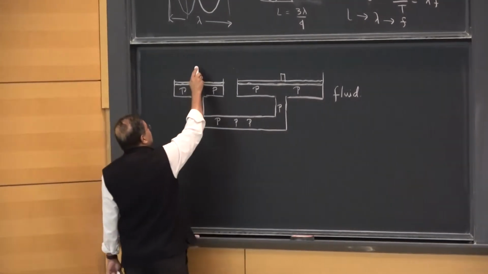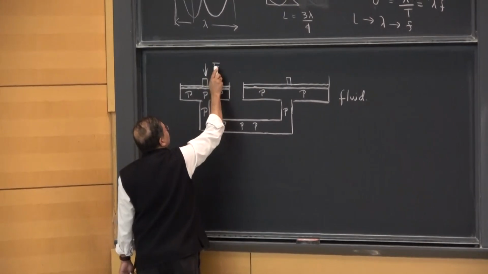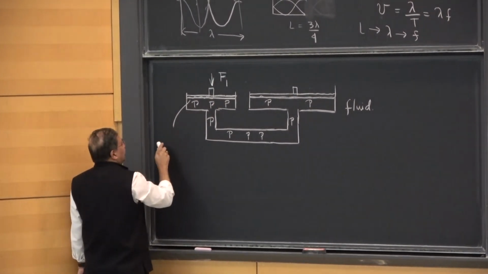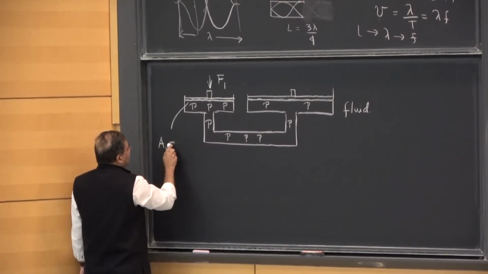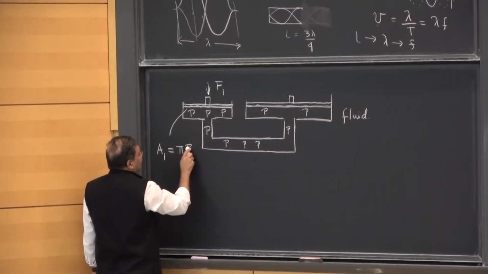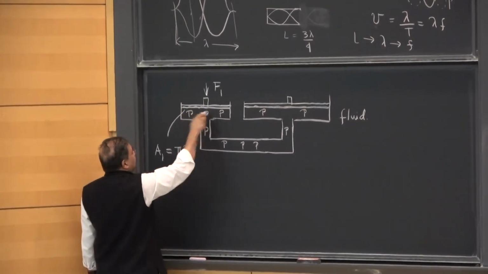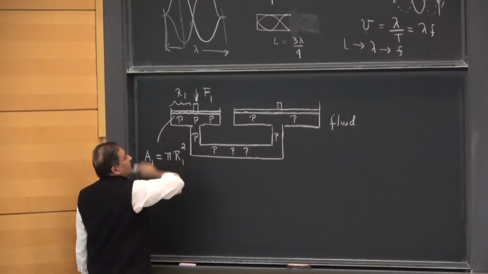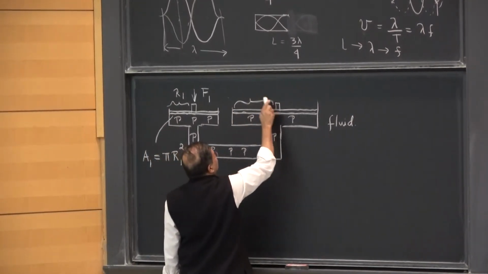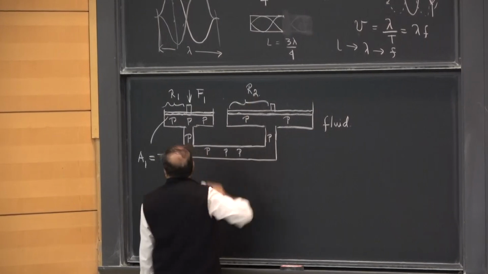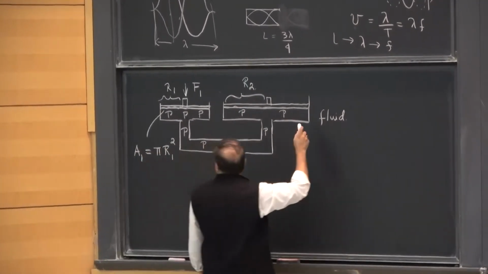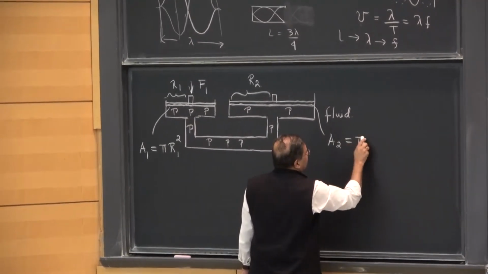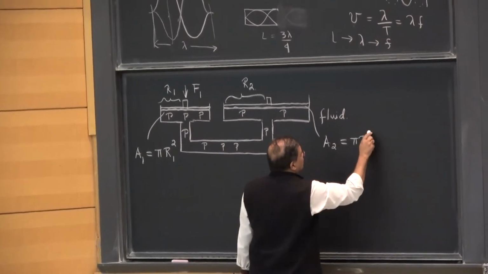So I now apply a certain force here. Let's call it F1, and let's call the cross-sectional area here A1. So A1 is therefore pi times R1 squared, if it's circular, where R1 is this radius. And likewise, if this is circular, I can call this R2, right? So the area here will be A2, and A2 will be pi times R2 squared.